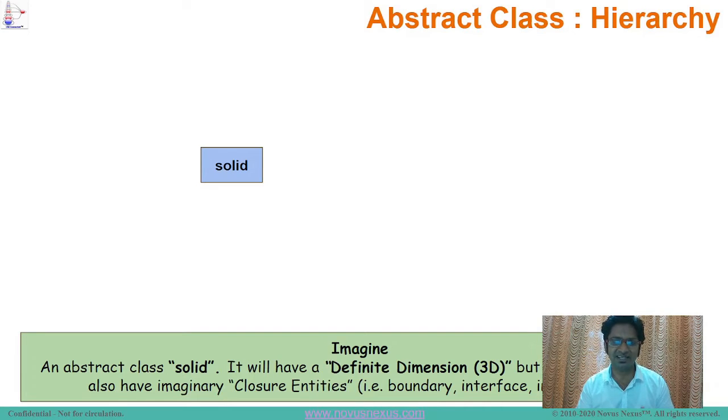We have seen that CAE geometry can be defined with topological connections like region, faces, vertices, edges. Similarly, abstract classes can be defined with imaginary closure entities.